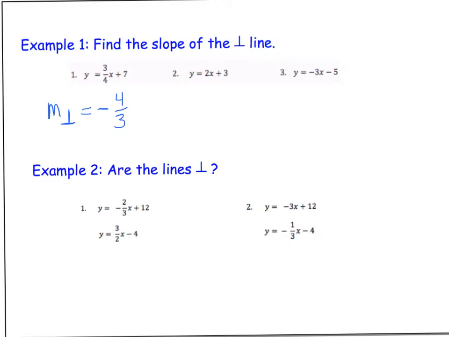Number 2. My slope is 2, and you need to understand that that really means that I have the fraction 2 over 1. Every whole number is really over 1. So my perpendicular line will be the opposite sign, so negative, and the reciprocal of the fraction, which is 1/2.